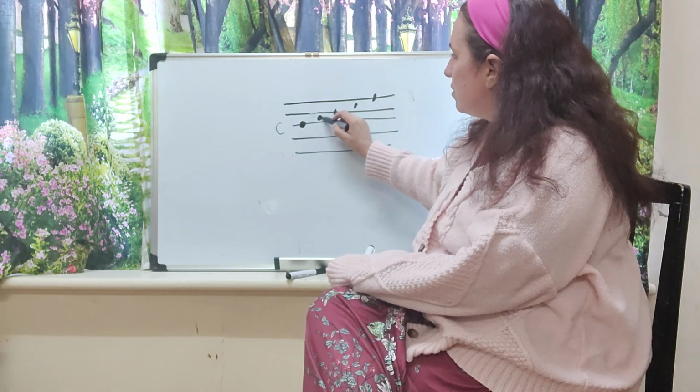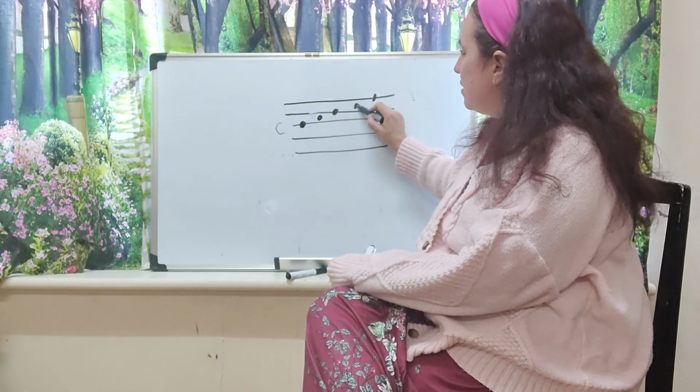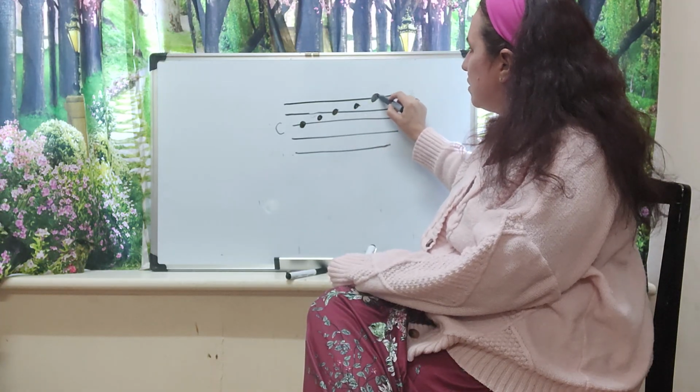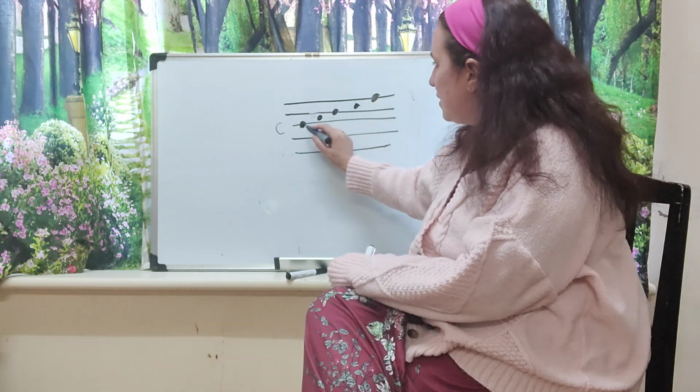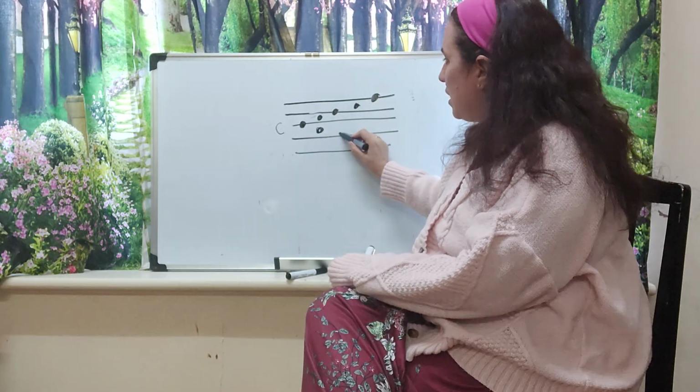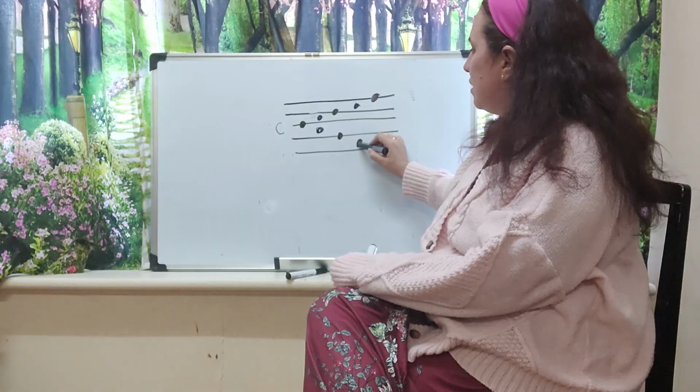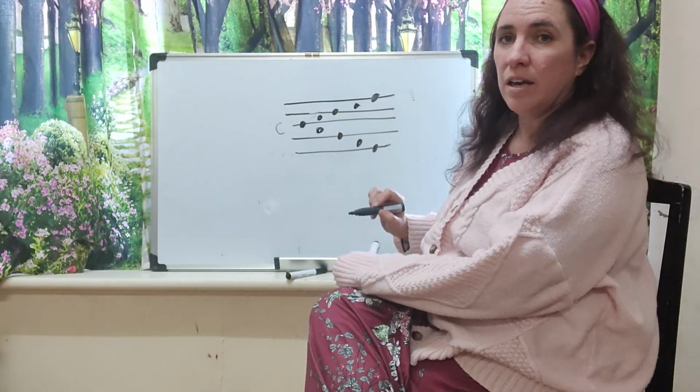Line, space, line, space, line. So C, D, E, F, G, or I could go the other way, C, B, A, G, F.